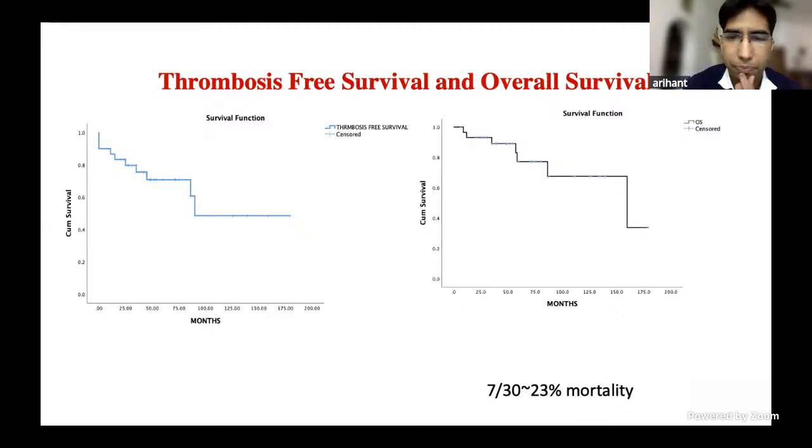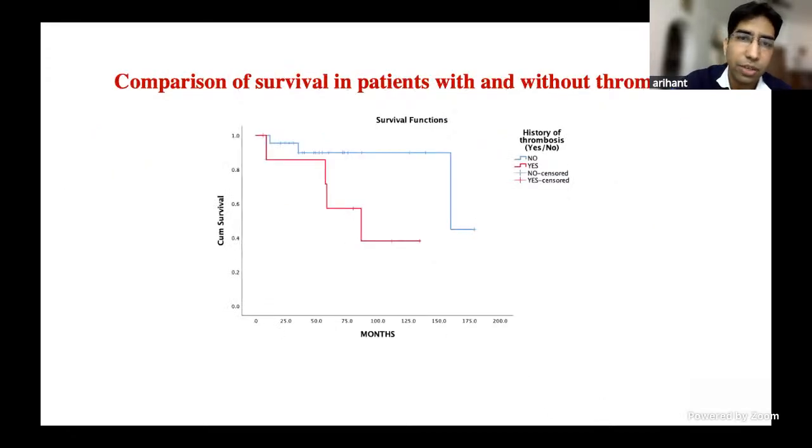So this is our survival. At the 10-year mark, it's around 70%. The mortality is around 23% in our subgroup. I tried to interrogate today morning whether the ones who had thrombosis were faring worse, and it's as expected true.